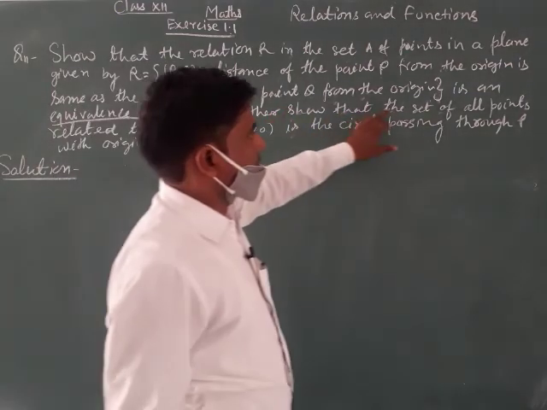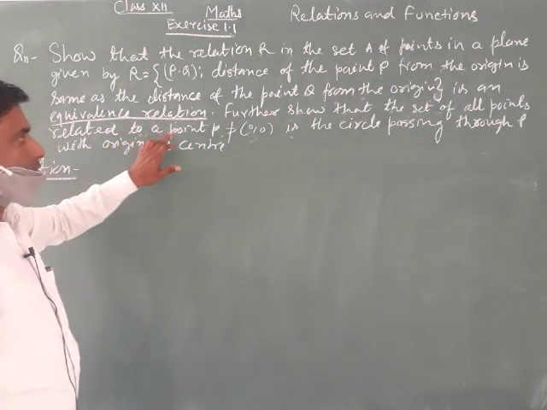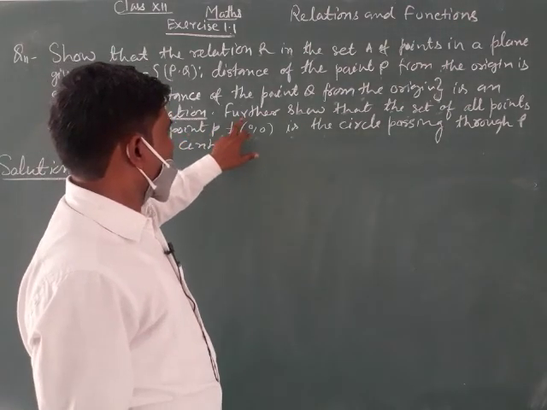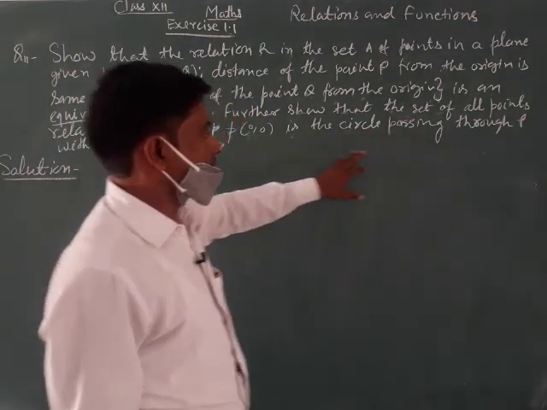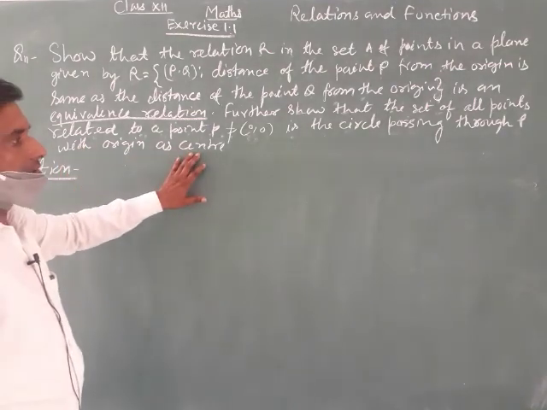Further, show that the set of all points related to a point P not equal to the origin O is a circle passing through P with the origin at the center.